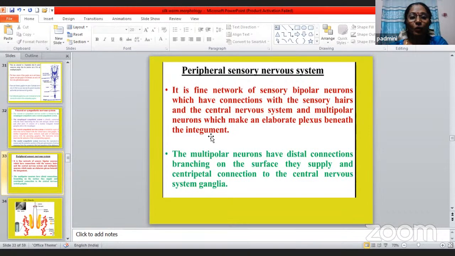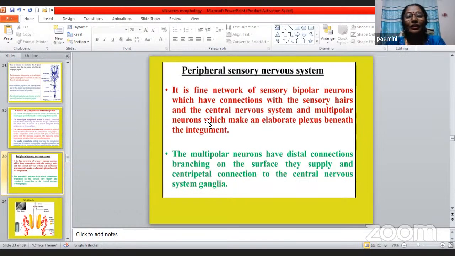What is the function of the peripheral nervous system? They give that involuntary action, involuntary contraction and expansion. The contraction of the muscles is all done by this peripheral nervous system with the help of these multipolar neurons. So they give that involuntary contraction and relaxation.